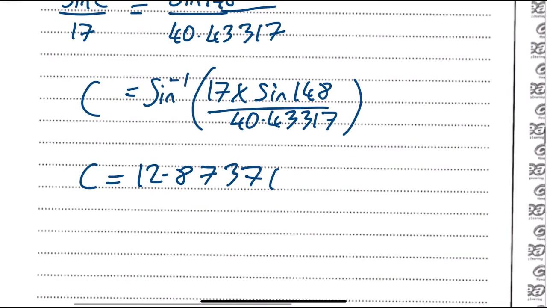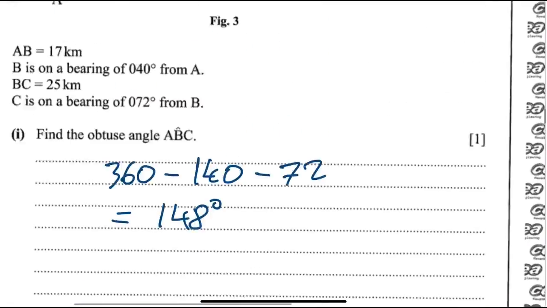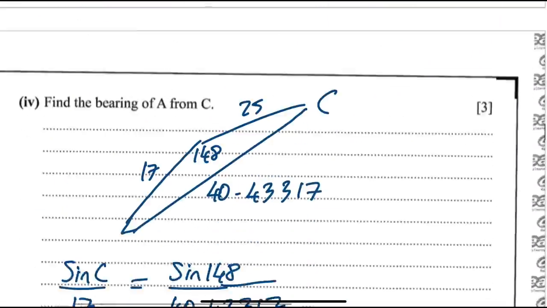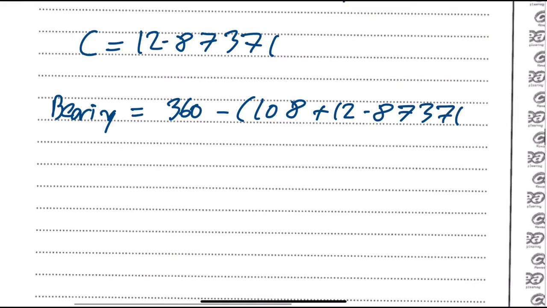A wee bit of working out, I fired that in my calculator and I got 12.87371. And then for the bearing, I'll go back to my diagram from earlier on. Yep, the bearing was this whole angle all the way around to here. So it's 360 minus the 108, and also that wee small angle we've just found in here, which we called C. So the bearing is 360 minus that 108 and that 12.87371, which we just worked out.